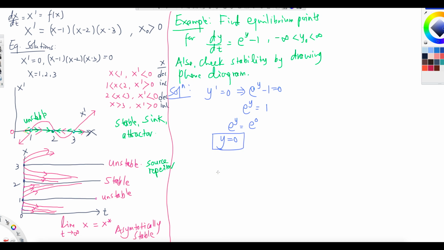Now what we need to do is draw the phase portrait. Along the y-axis you draw the derivative y prime, and along the x-axis you draw the y. I can assume y equals 0 is somewhere here, it will be easier to see.